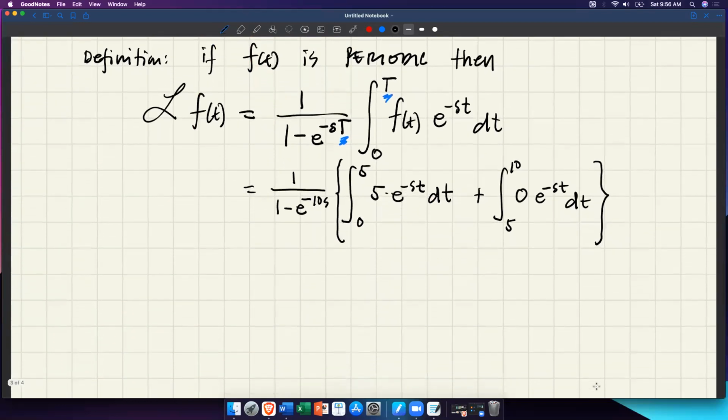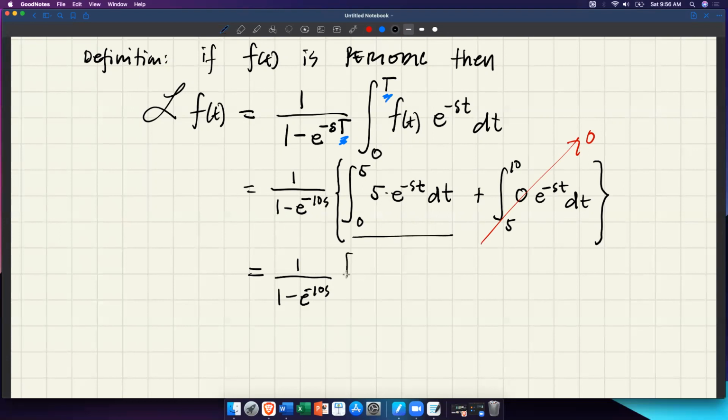So the next thing that you should do after this is to what? Next thing that we will do is to take the integral. Okay? So if we solve for the integral, take note, this second part is just 0. And the integral of the first function is 5 all over s, which is negative, multiplied by e raised to minus st. By the way, this is not 2, that is 5.